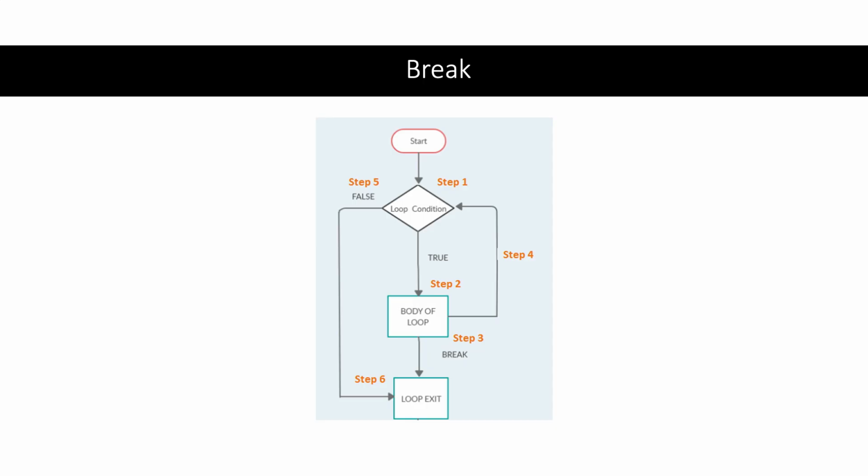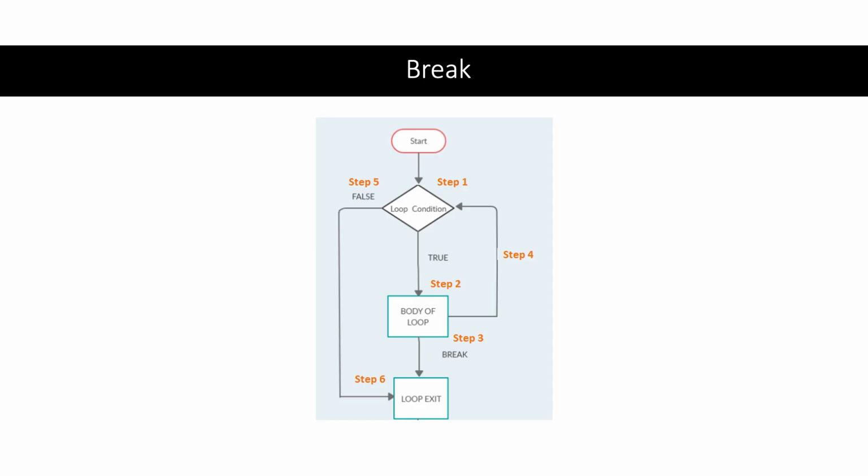Now, within the loop body, if a break statement is encountered, as seen in step number 3, Python immediately terminates the loop, bypassing the condition check for further iterations. This sends the control flow directly to the loop exit point, which is step number 6. But if no break statement is encountered, after executing the loop body, the condition is reevaluated to determine if another iteration should occur, which is step 4, that loops back to step 1.